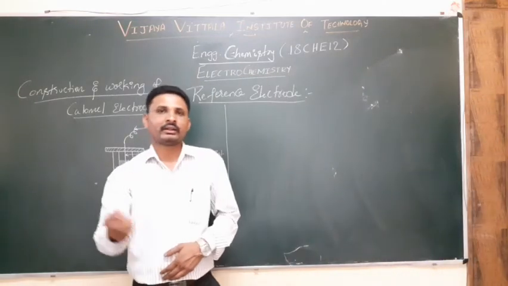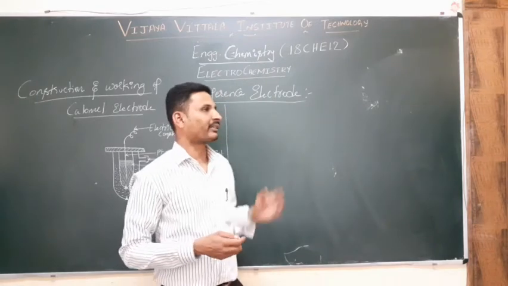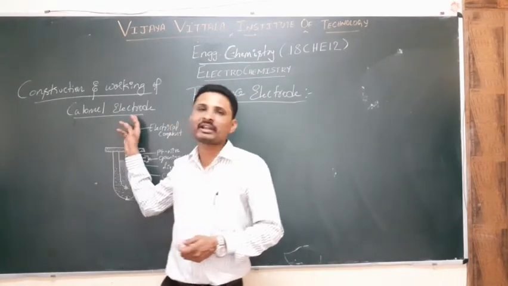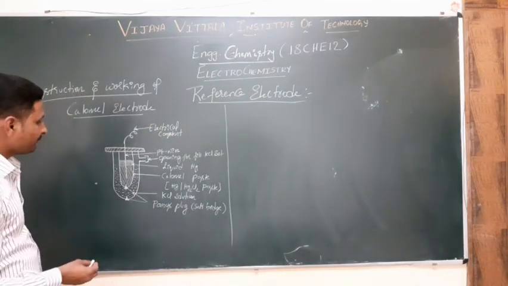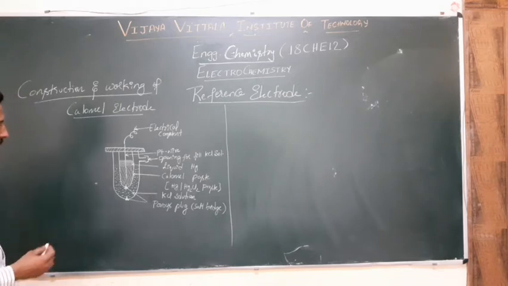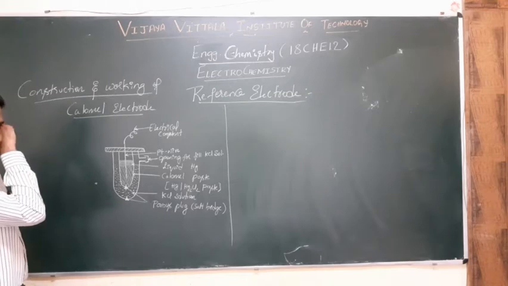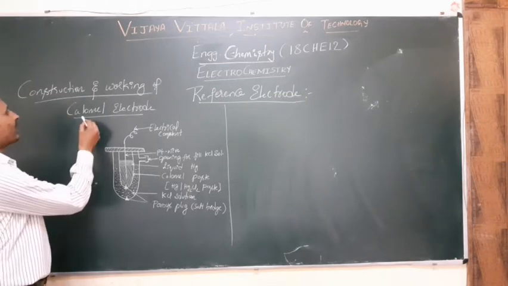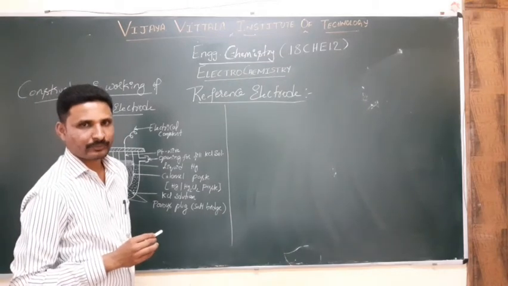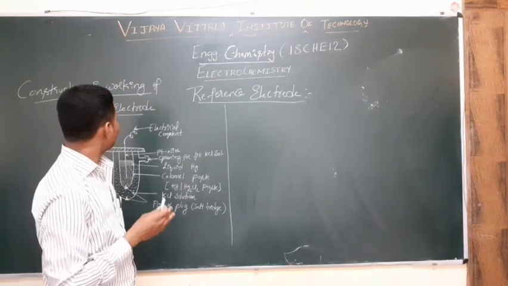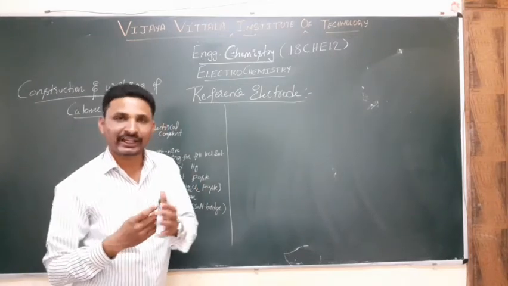Coming to the construction and working of this secondary reference electrode, that is a Calomel electrode. See, observe the diagram here. How is this Calomel electrode constructed? As we know, this Calomel electrode is a secondary reference electrode, and this electrode is a metal salt ion electrode.